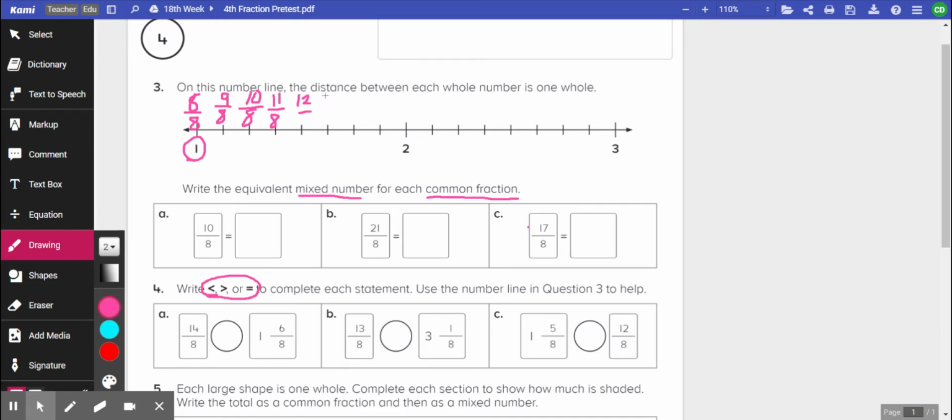I know a trick: if I'm counting up by eighths, the numerator goes up by 1. So I'm just going to keep counting up by 1. I'm going to make sure to label every single tally so I don't forget one, all the way to 3.